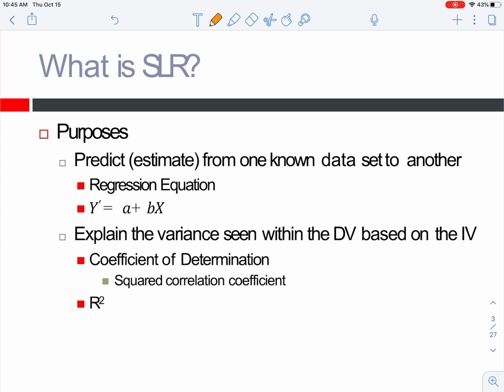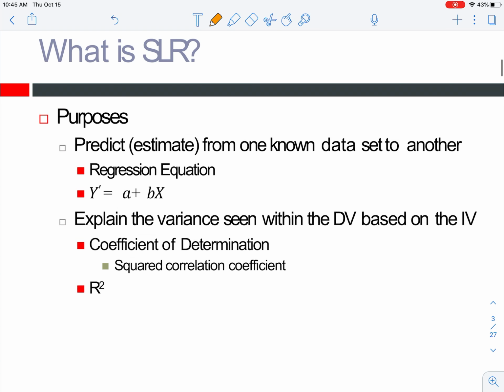I can also explain with simple linear regression. I can explain the variance seen within my dependent variable based on my independent variable. So what this means is I can decide, using simple linear regression and my coefficient of determination, r squared, how much of the results I'm seeing in my dependent variable are because of my independent variable.